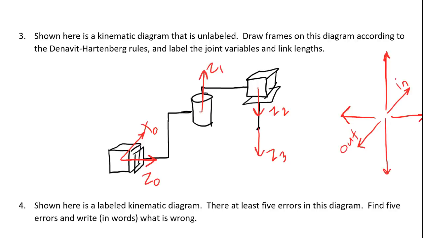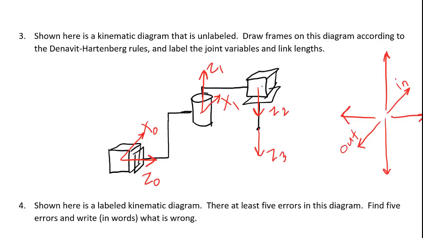Okay, now in frame 1, I can make x either be into the page or out of the page. Those are the only 2 directions that would be perpendicular both to z1 and to z0. I'm going to choose to make x1 into the page.